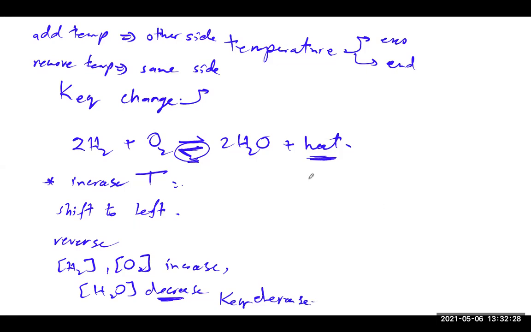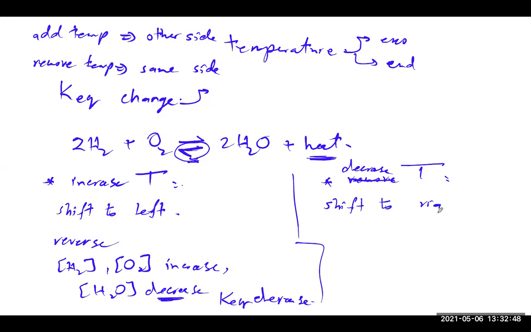Okay. So what will happen if we remove or decrease temperature? It will shift to the same side as the temperature. So it means it will shift to the right.